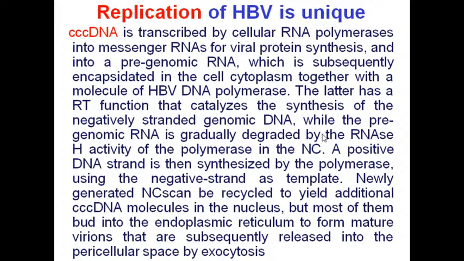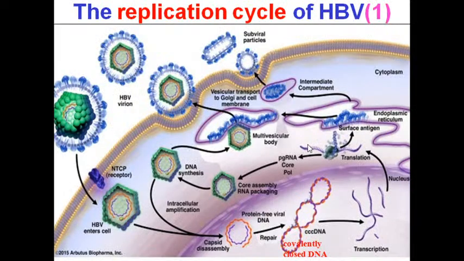So then what happens when the assembly and maturation of new virions are produced? Using RNase H activity of the same polymerase enzyme inside the nucleocapsid, the RNA strand will be completely destroyed. And you see here, before the release, the RNA will be destroyed and then the positive sense copy of DNA starts to be produced using the initial minus sense DNA as a template.